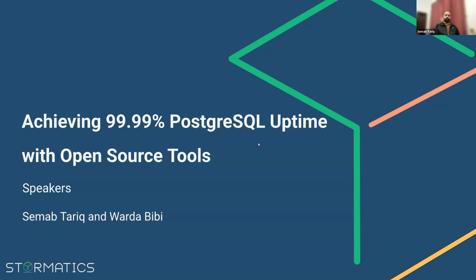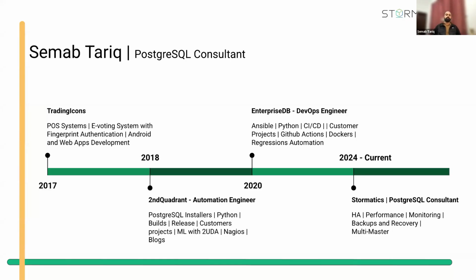Let's get started. First of all, this is a little bit of my introduction. My name is Semab Tariq, and I'm working as senior Postgres consultant at Stormatics. My first interaction with Postgres was back in 2017 and 18. I joined Second Quadrant as automation engineer. I used to work on a lot of different community products like community installers, CUDA installers, and all sort of other builds that we used to build for other products.